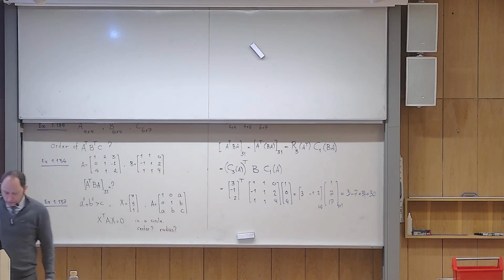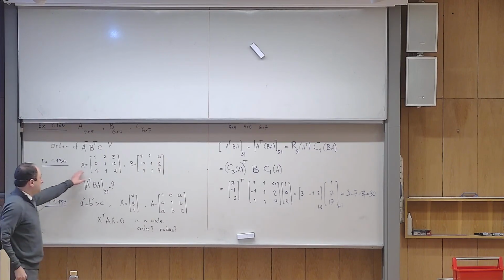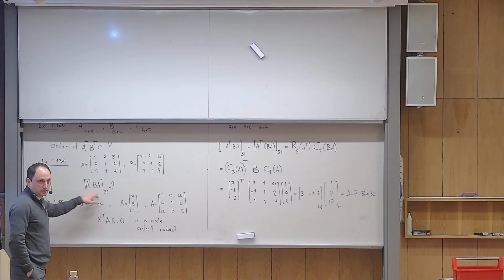I don't know if I have already talked about GeoGebra, so let us just try to do this calculation on GeoGebra. That is also good to know. So I will try to type these matrices in GeoGebra and ask this question.